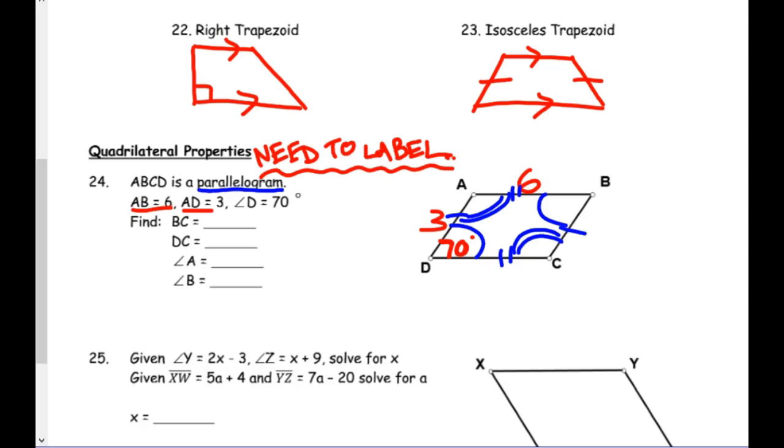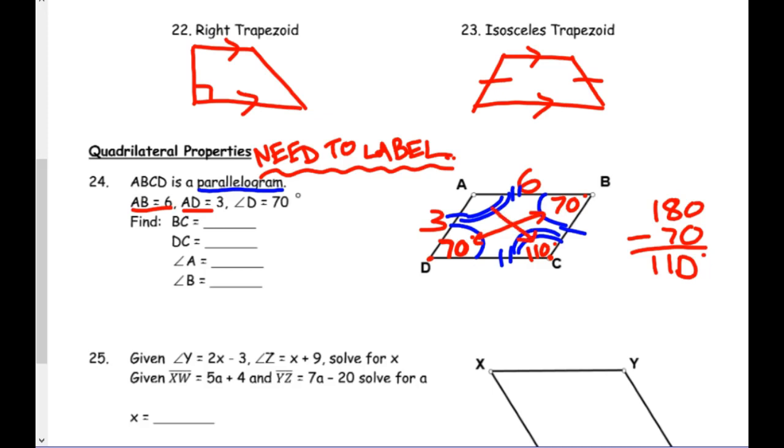Across, these are equal. So angle B is also 70. The question is, what is angle C? Remember, angle D and angle C are consecutive. That means they add up to 180 degrees. They're supplementary. So 180 minus 70 is 110. So C is 110.